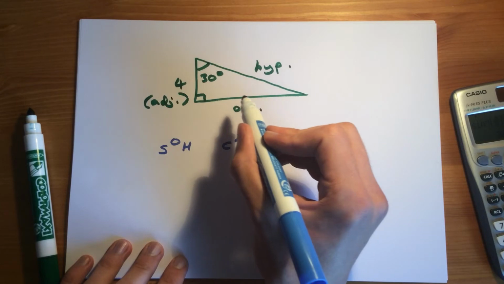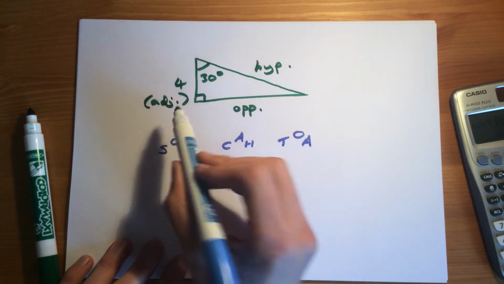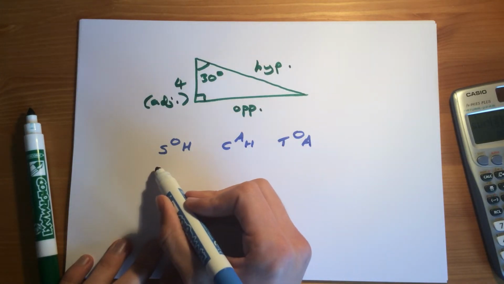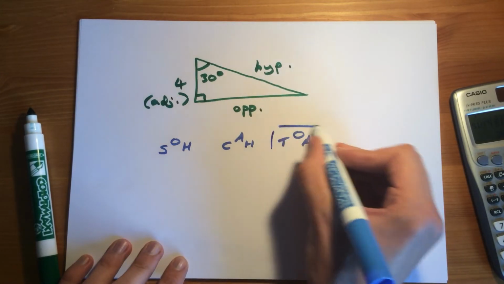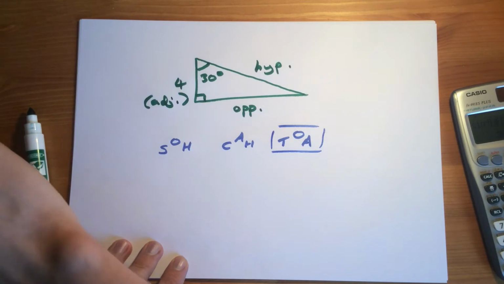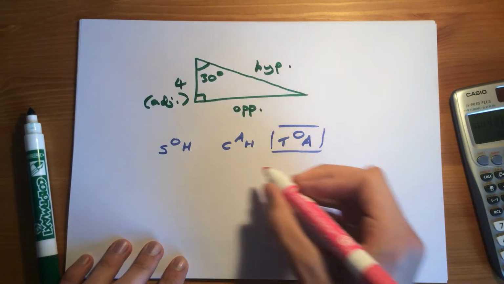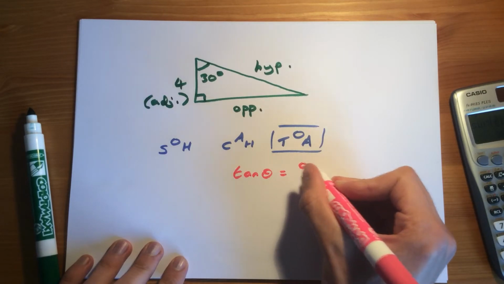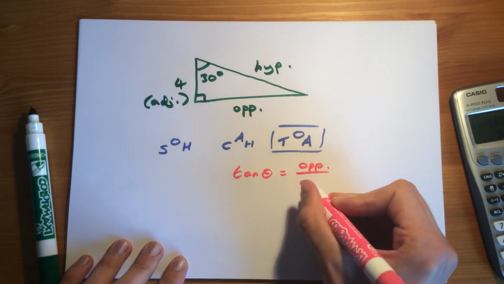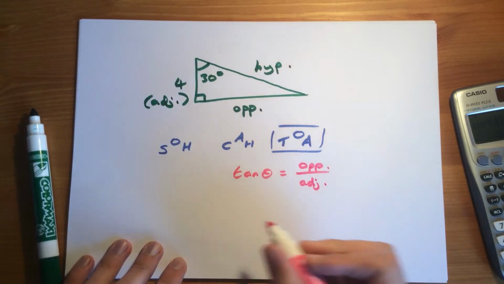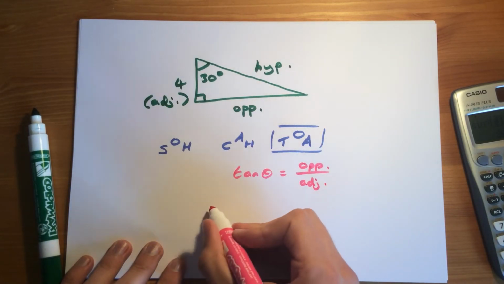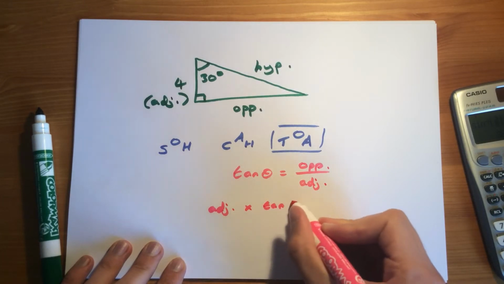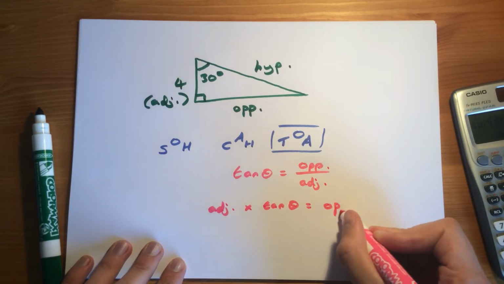So looking back at this example, if we want to find the opposite when we've got the adjacent, then we look at the one of these which has both the opposite and the adjacent in it, and we see that it's this one. Writing that out properly, that's tan theta equals opposite over adjacent. Rearranging this gives adjacent multiplied by tan of theta is equal to the opposite.